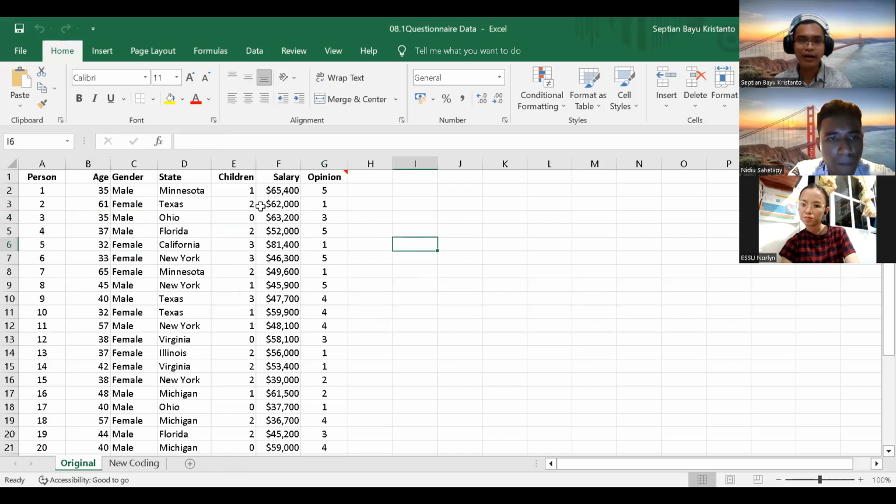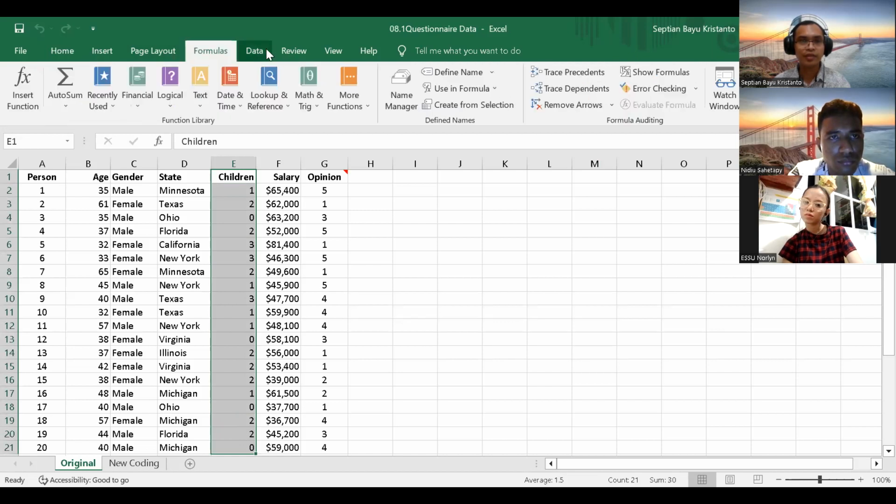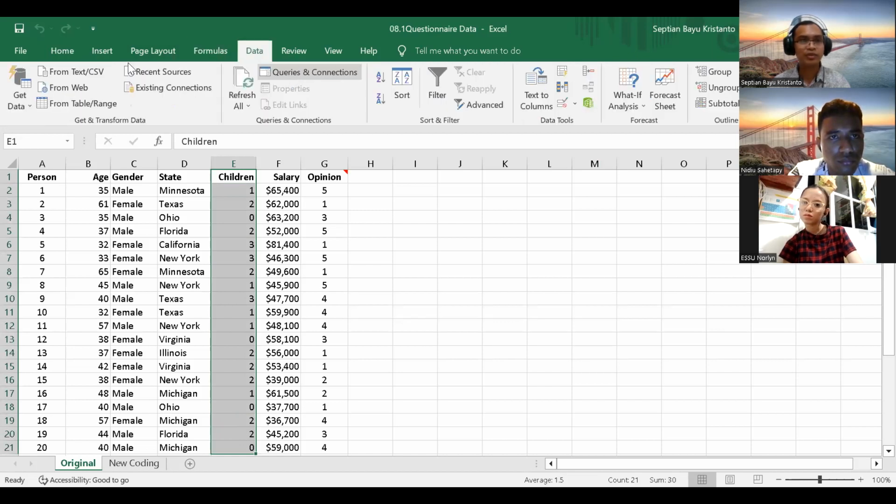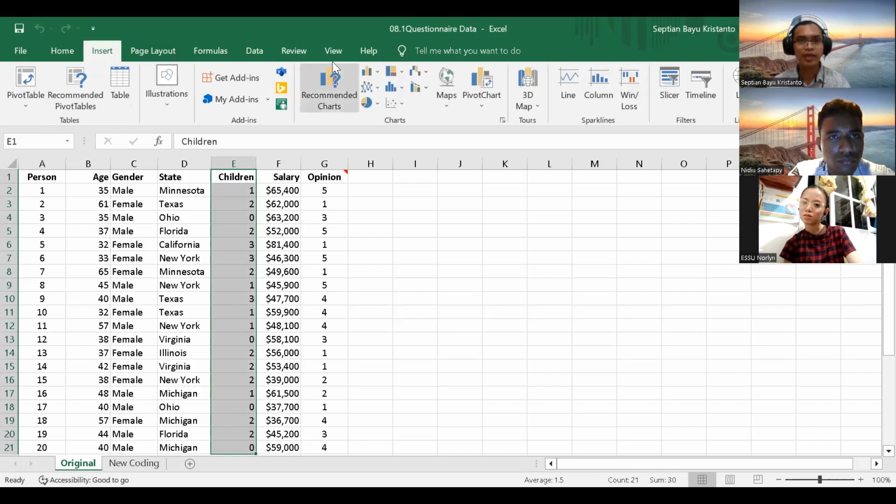If you have numerical data like this one, you can present it to other people with a graph. With this data, we can present it using graphs.